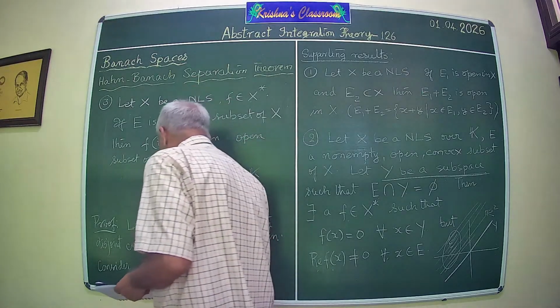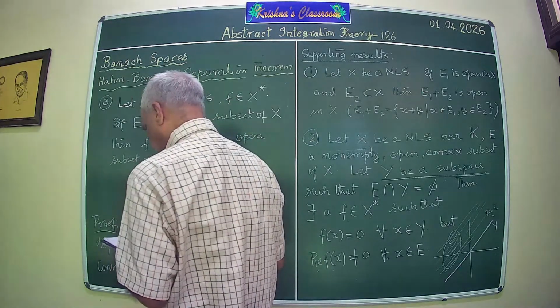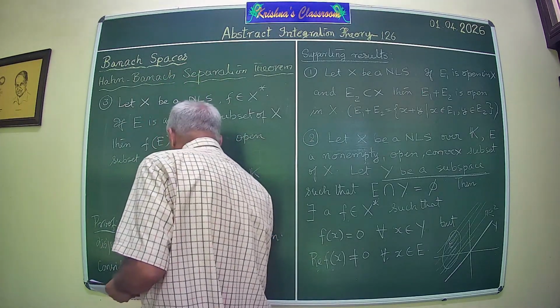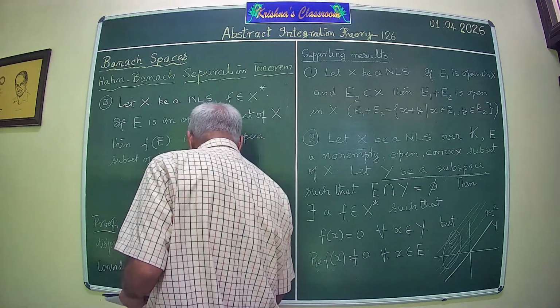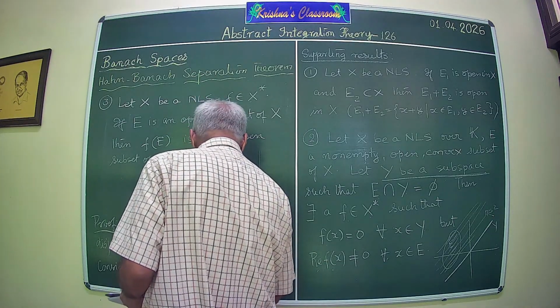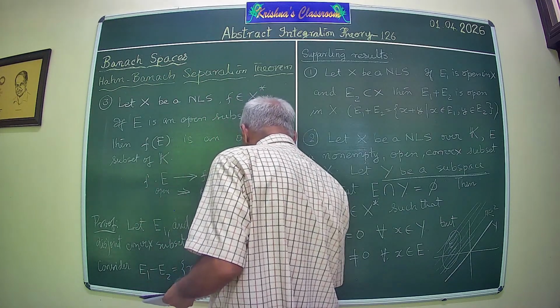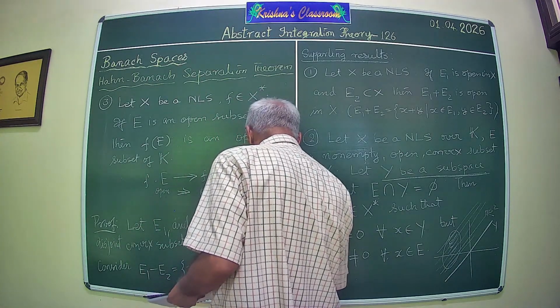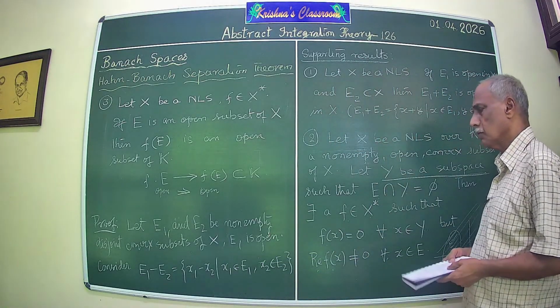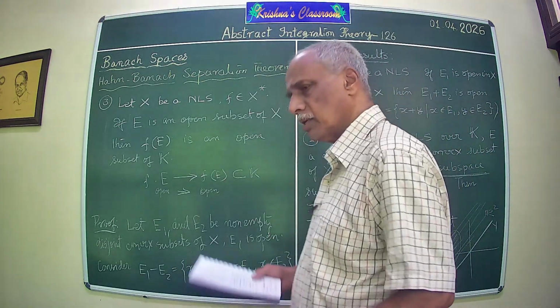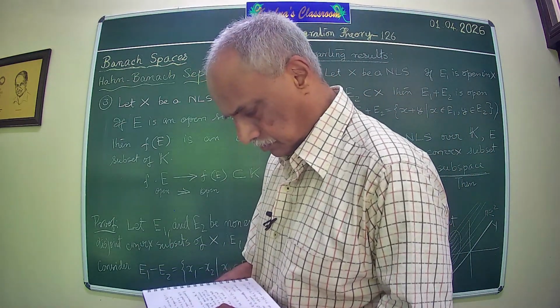It is the collection of all x1 minus x2 where x1 belongs to E1 and x2 belongs to E2.